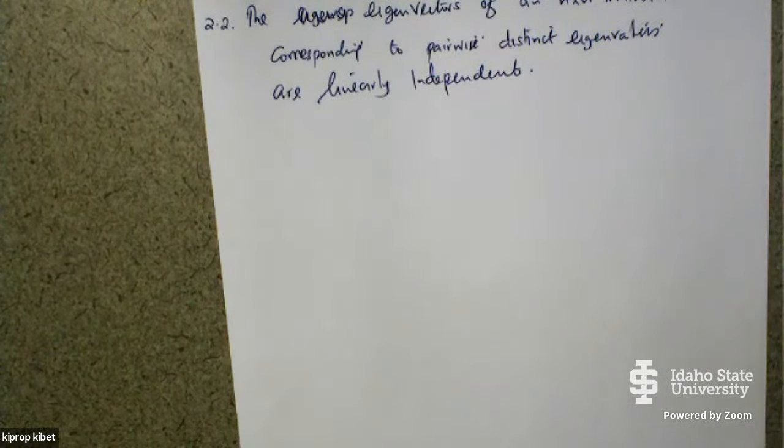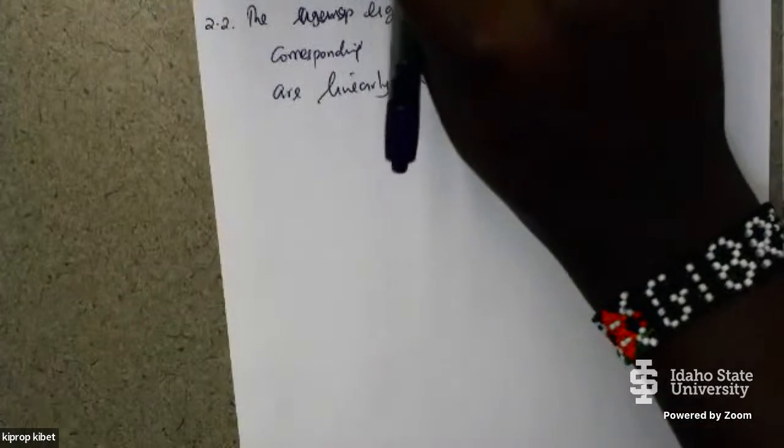So when we have different eigenvalues, the eigenvectors that we get for x are always linearly independent.